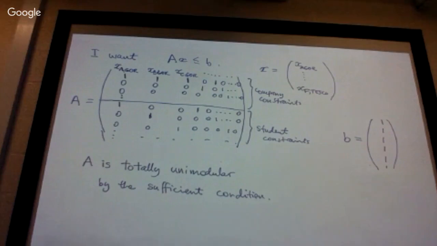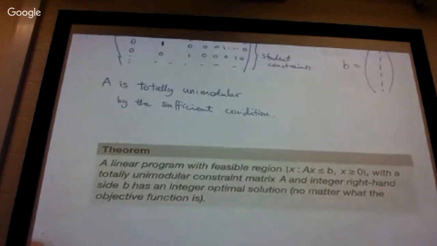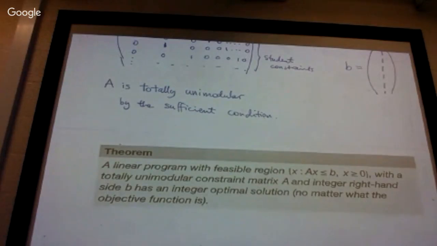The reason is that if you have a linear programming problem where the constraint matrix is totally unimodular, and the right-hand sides are all integers, then no matter what the objective is, you will always get an optimal solution which is all integer.